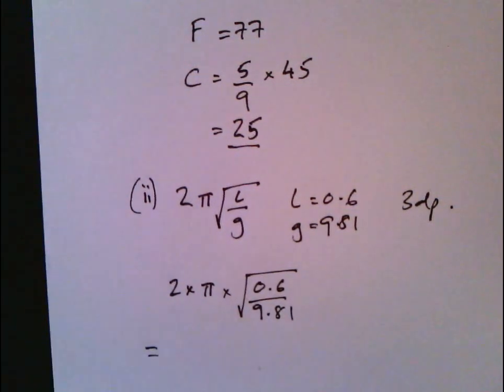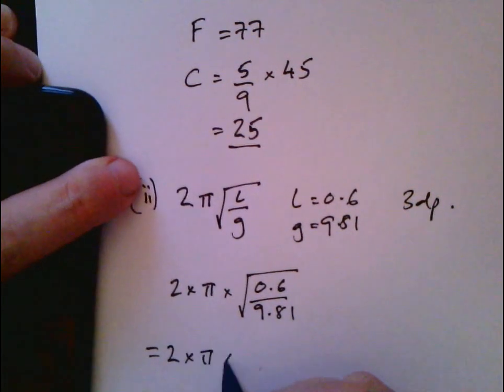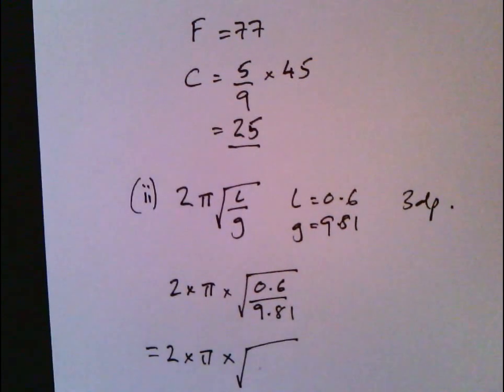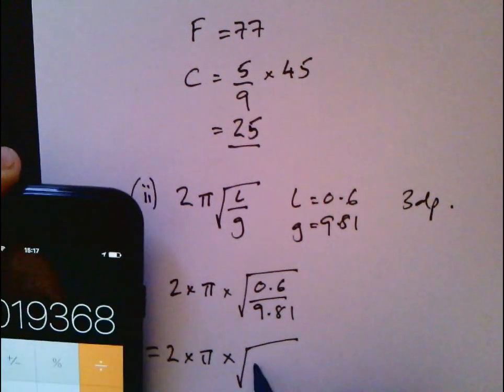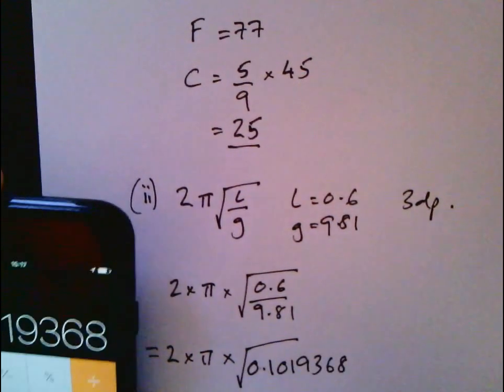What I tend to do with calculator questions like this is do it in steps. You're probably more adept than I am with it, but that is the square root of, on the calculator, which is my phone at the moment, 0.6 divided by 9.81, which is 0.1019368.